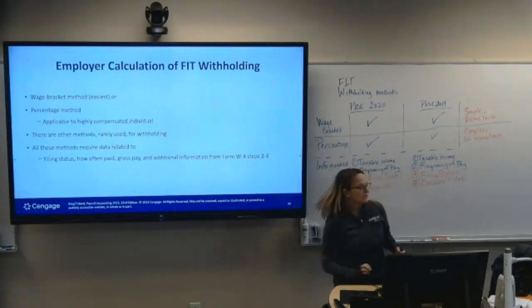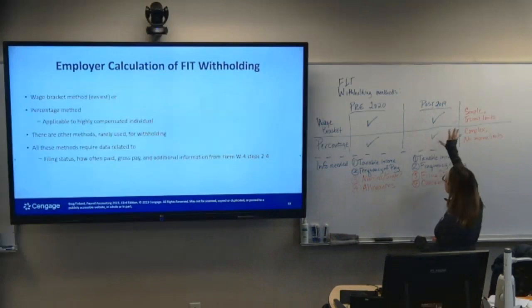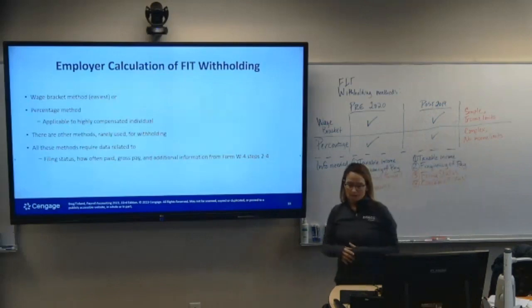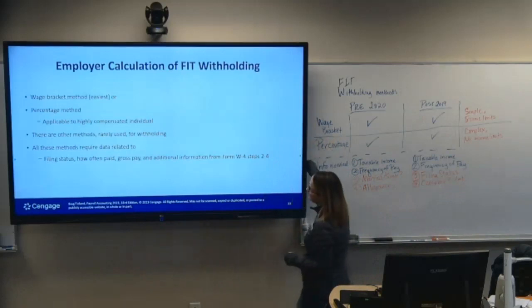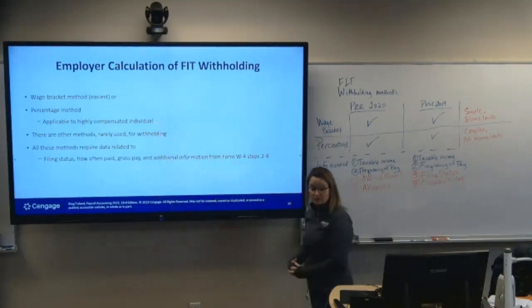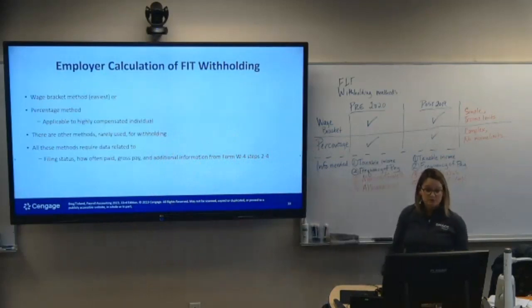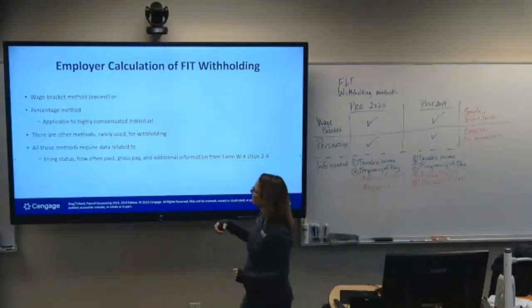All right, so let's do some calculations. And again, we're going to start with this post-2019 method. So we've got the wage bracket method and the percentage method. The wage bracket method, as it mentions here, is the easiest method. That's where you get the taxable income, and then you look at a table and figure out what the withholding is.